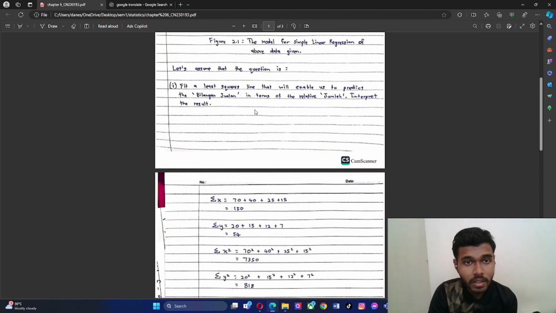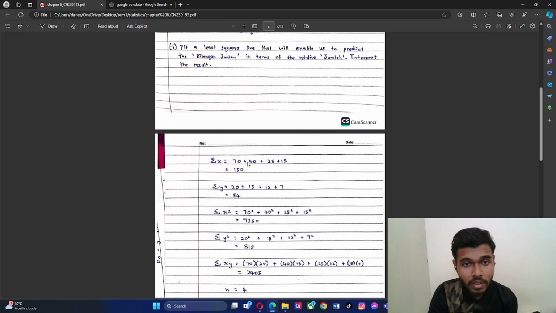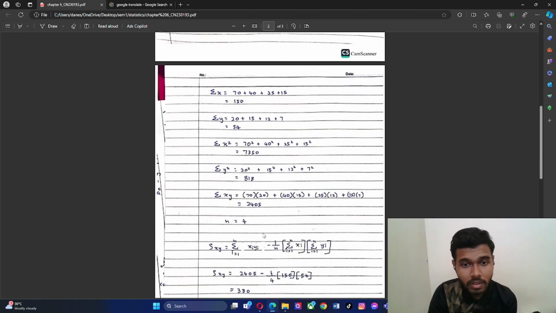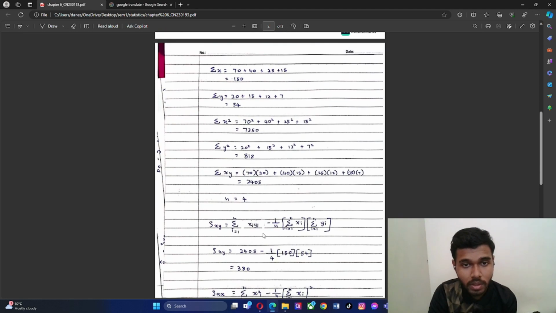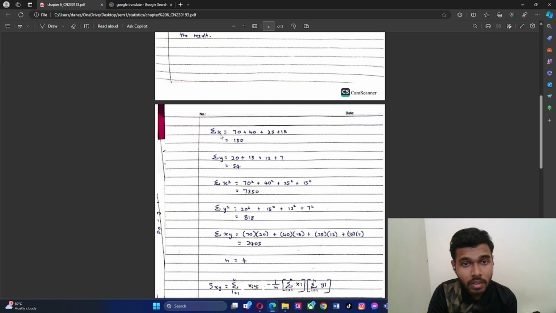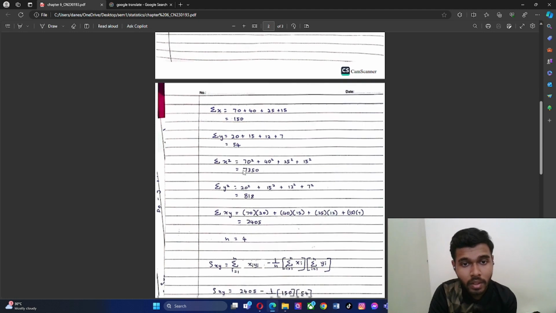As you can see, this is the question for the least squares line, and this is the solution. The first one is the total of the value of x, which is 150, and the second is the total of the value of y, which is 54.